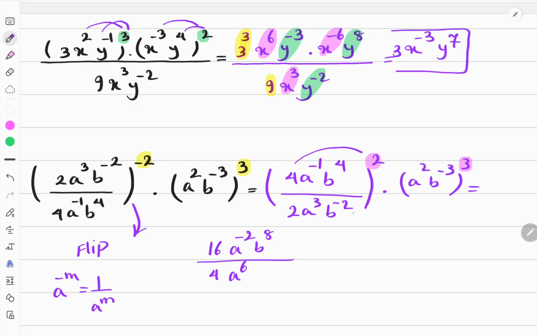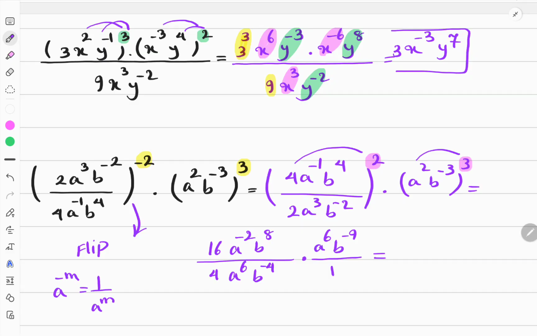B to the negative 2 squared is b to the negative 4 times a squared whole cubed is a6, and b to the power of negative 3 raised to the 3 is b to the power of negative 9, and the denominator is 1.